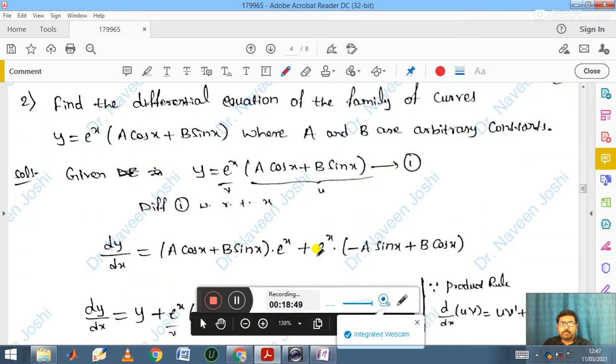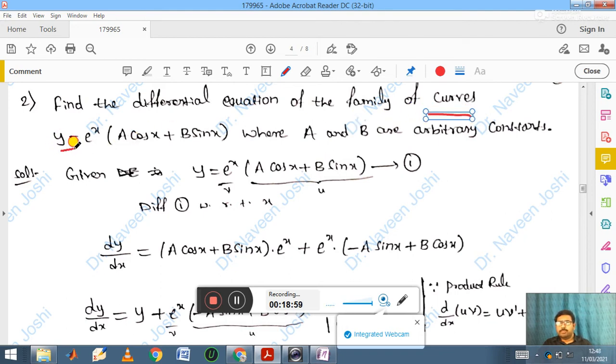Then the second problem: find the differential equation of the family of curves y equals e power x into a cos x plus b sin x, where a and b are arbitrary constants. The given general solution is y equals e power x into a cos x plus b sin x. It means that it consists of two arbitrary constants a and b. If you eliminate a and b, it leads to a second order differential equation.